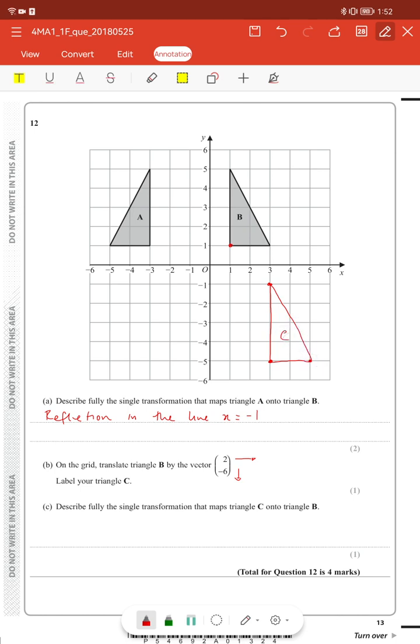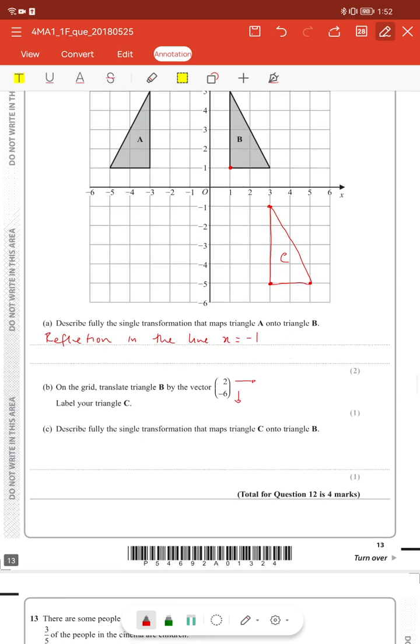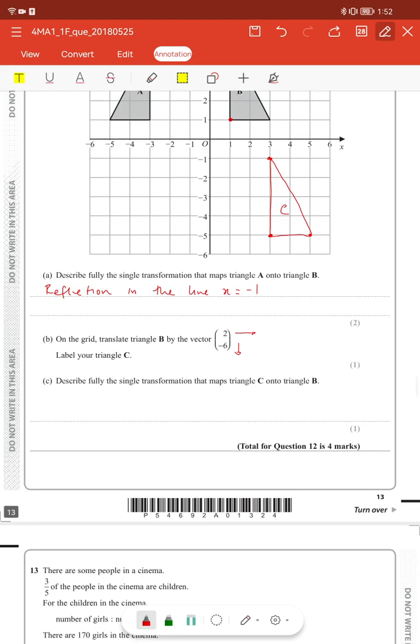That would be C. And C onto B, well, it's going to be the reverse. It's going to be translated by the vector -2, 6. We have to go 2 to the left and 6 up for each point.